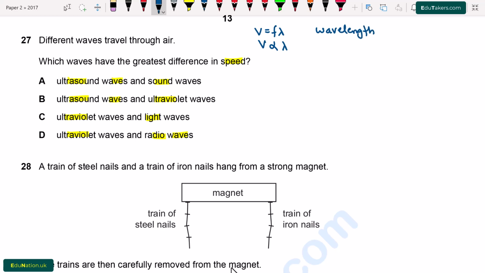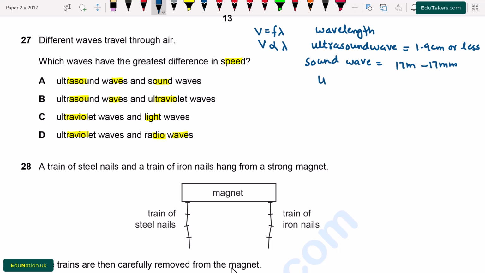First of all, for the ultrasound, wavelength is 1.9 cm or less. For sound wave, wavelength is ranging from 17 meters to 17 millimeter.